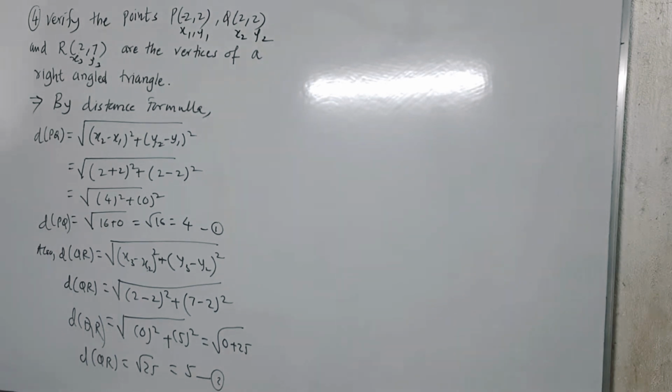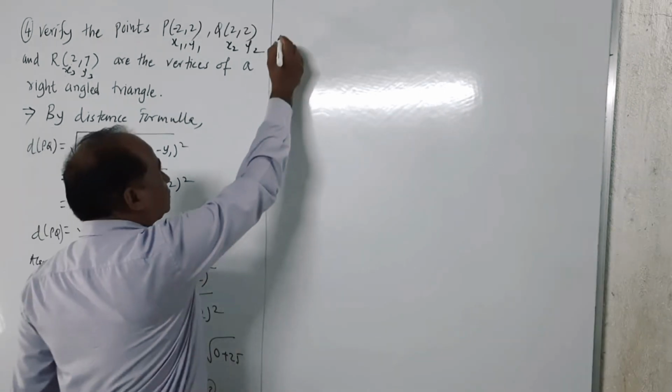Distance QR is 5. Now here we have to find distance PR.